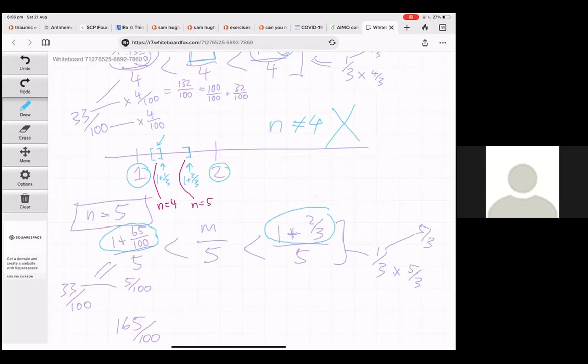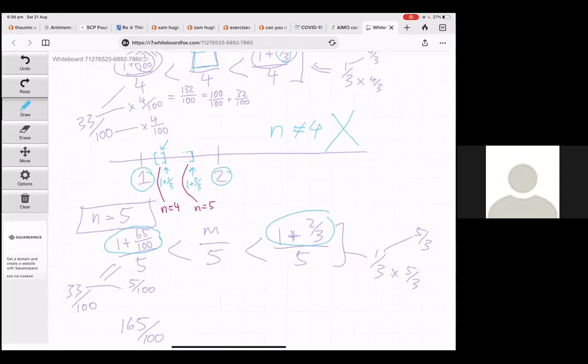And that's slightly less than 2/3 because 2/3 is bigger than 66 on 100. So 65 on 100 is even smaller than 2/3. So it looks like this. Whoops, what is happening?